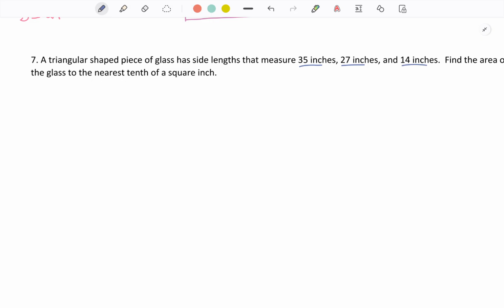So since we do have those 3 side lengths, the easiest way to go is going to be Heron's formula. So we need to find that semi-perimeter first. So that gives us 1/2 times 35 plus 27 plus 14. And then we have 1/2 times 76. And that equals 38.